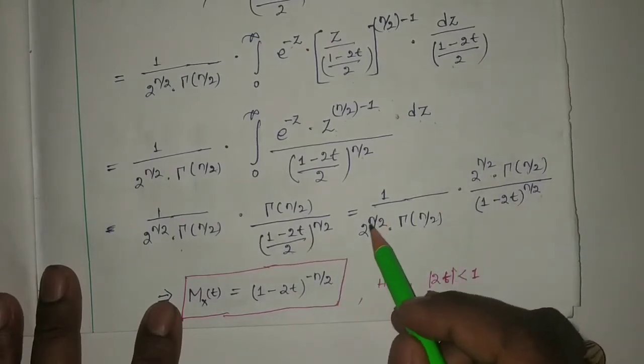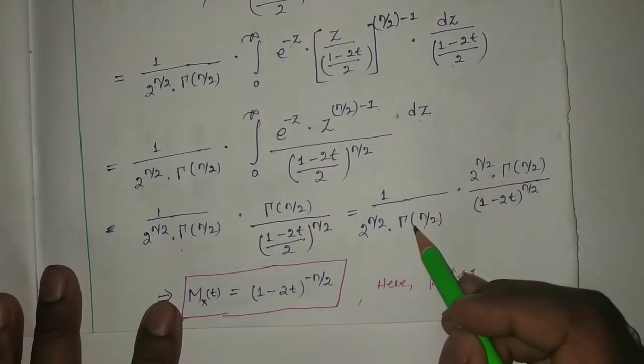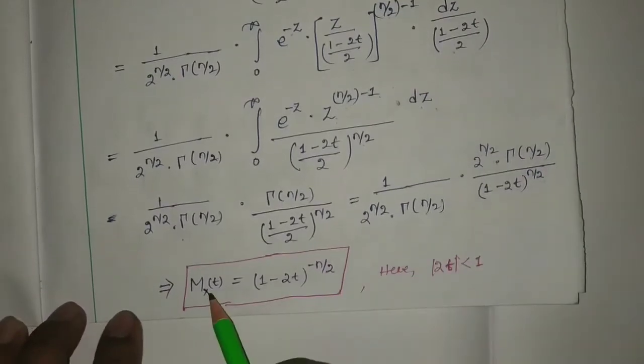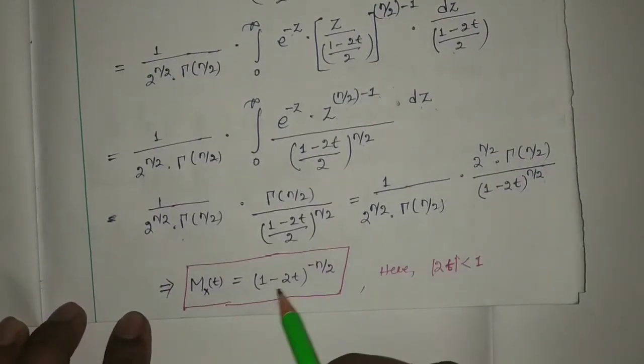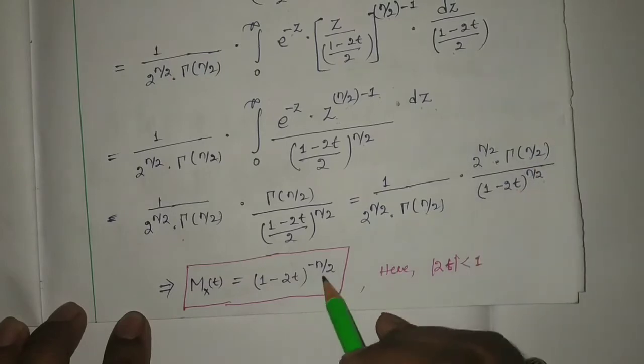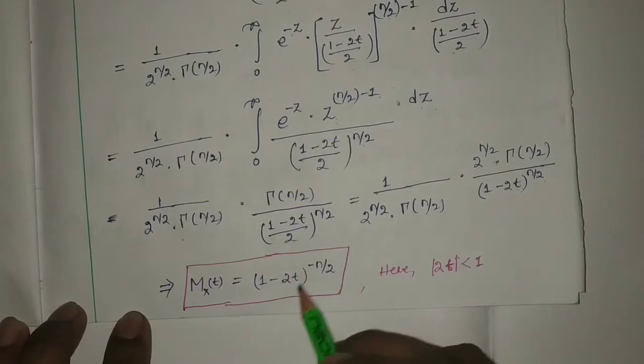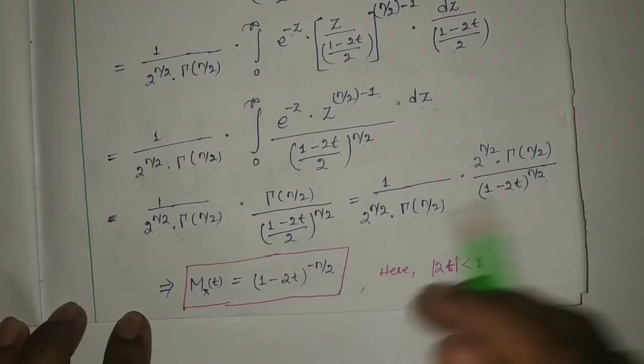So 2 to the power n by 2 gets cancelled, gamma n by 2 gets cancelled, and we found mxt equal to 1 minus 2t to the power minus n by 2. Here 2t value has to be less than 1.